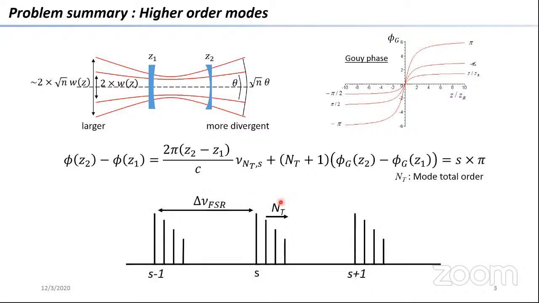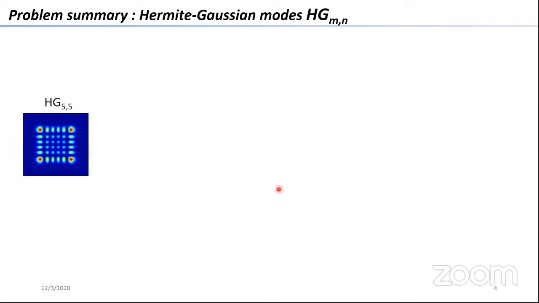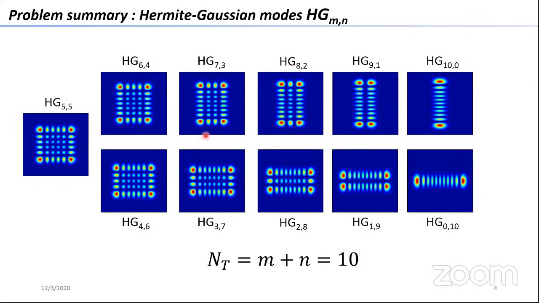If we take modes with different total orders, in general they will be non-degenerate. But if they have the same total order, they will of course be degenerate. For example, if we take Hermite-Gauss modes, the HG55 will be degenerate with 10 other modes, since the total order is equal to 10.